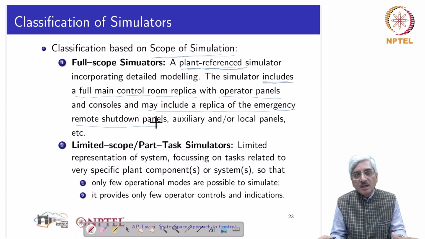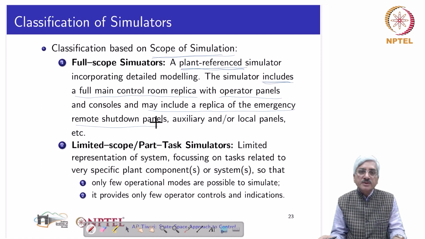So as we know, complex systems are operated generally from the main control room. However, in emergency situations, there are separate emergency operation panels or shutdown panels or auxiliary and local panels. They can be operated from there.